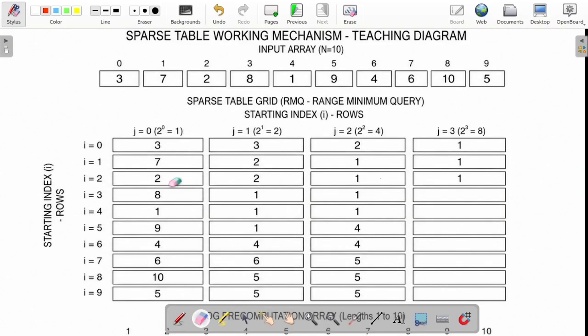Now let's see how queries are processed in a sparse table. Once we build this structure, now we need to answer the queries. The most important reason that we build a sparse table is to answer our queries. Now, how will a sparse table answer our queries?